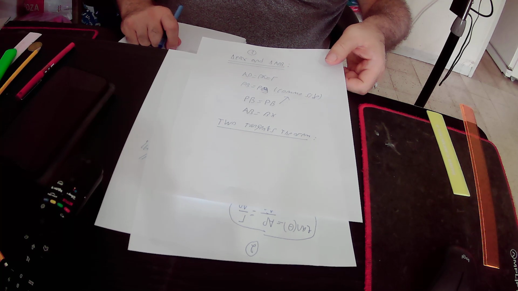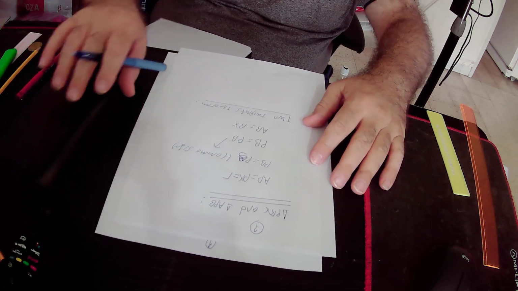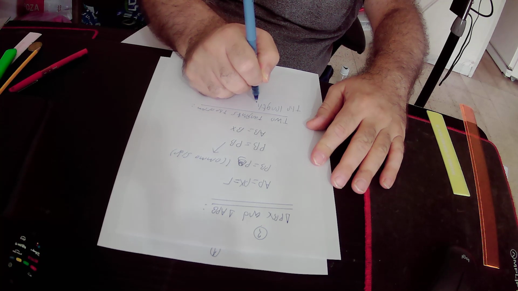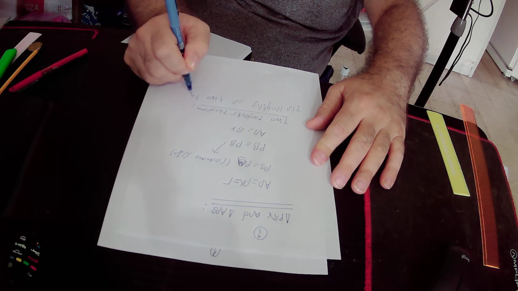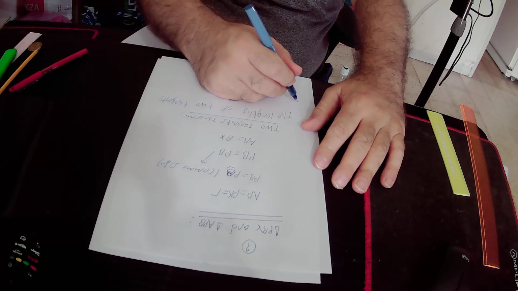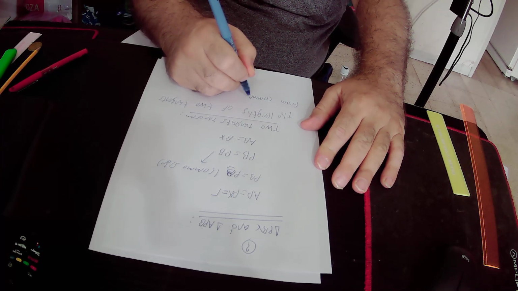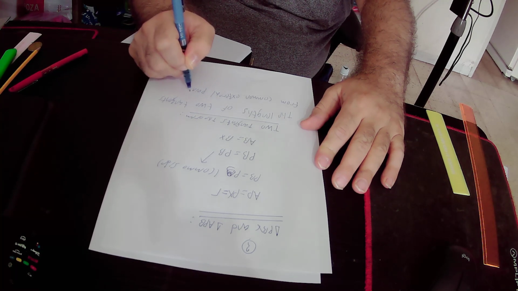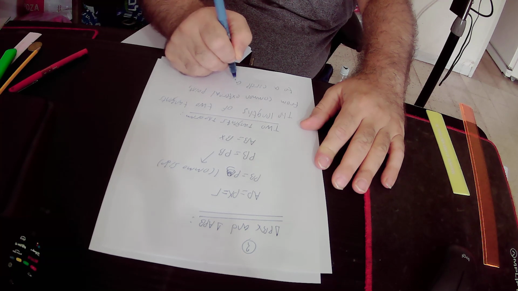Actually, the two tangents theorem states that the lengths of two tangents from a common external point to a circle are equal.